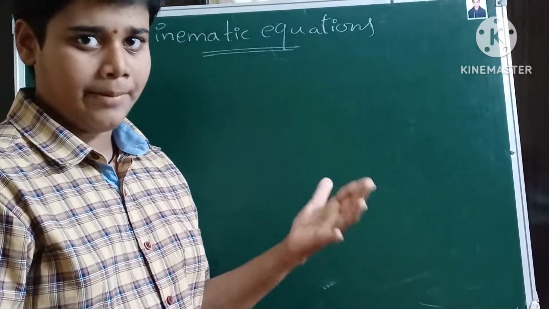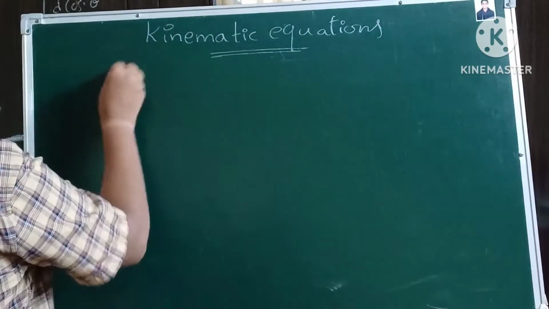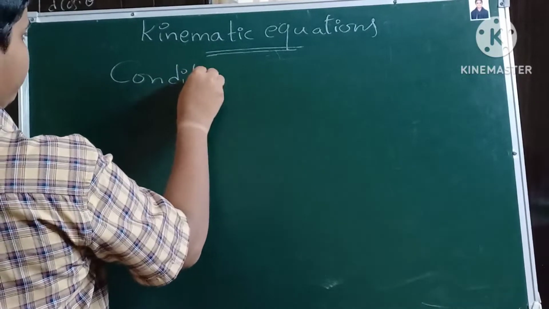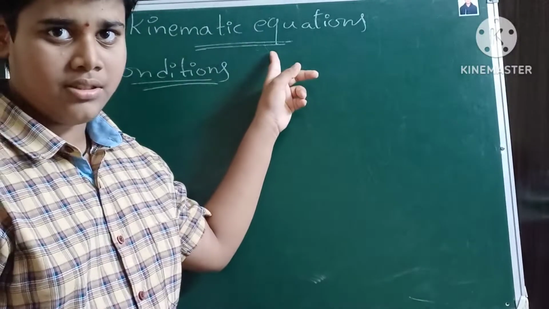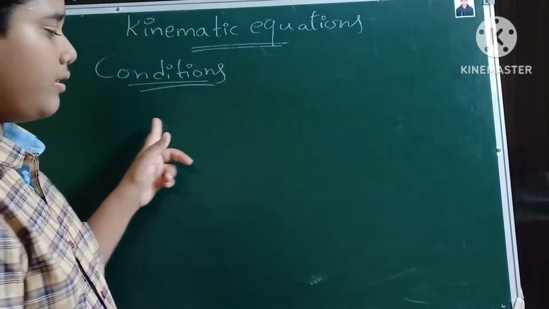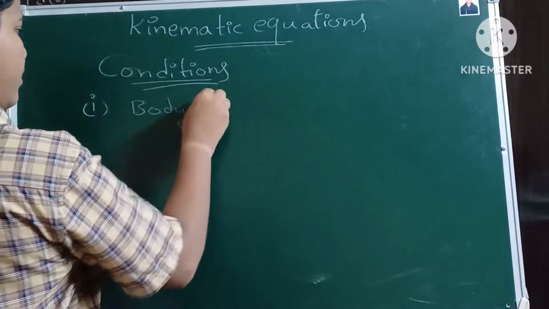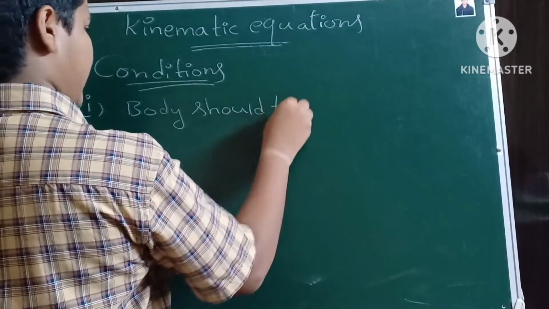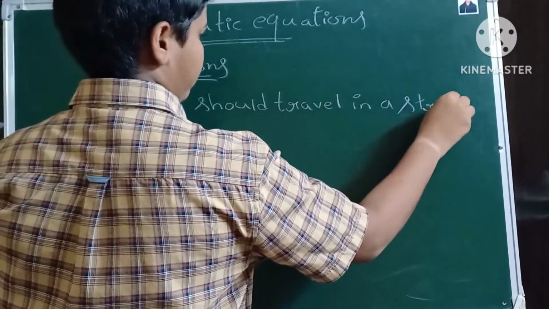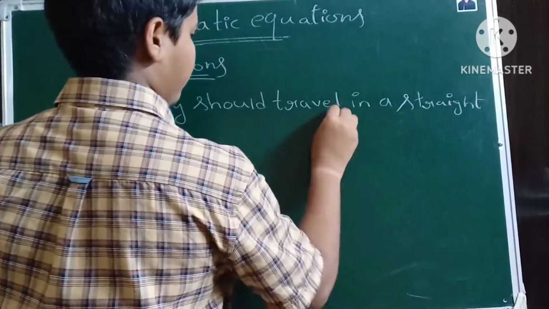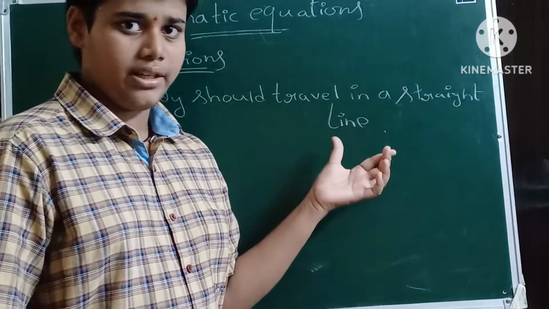When we apply kinematic equations, we have two conditions. The first condition is the body should travel in a straight line.